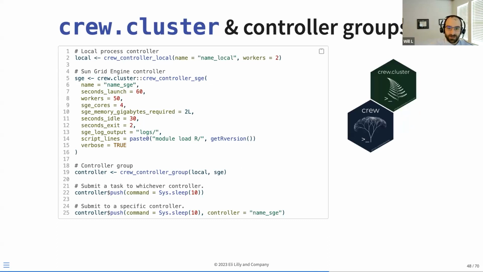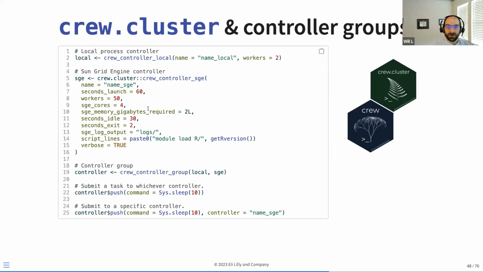And you can use different plugins very easily. In the available plugins and in plugins that you create, a common pattern is to create a nice helper function to create a controller. We saw crew_controller_local before. There's also, from crew.cluster, different controllers for different kinds of clusters. So this one is for a Sun Grid Engine or SGE cluster. There's also plugins for Slurm, LSF, and PBS and Torque.